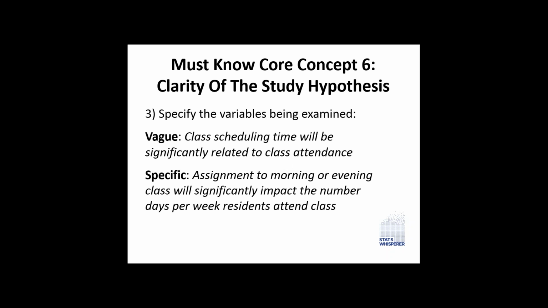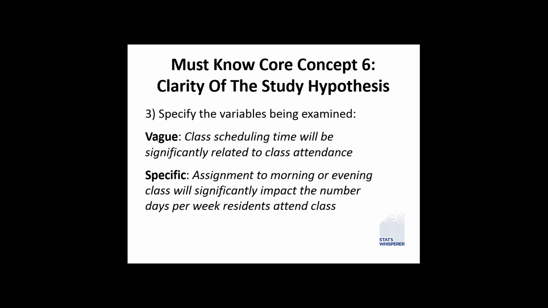And lastly, make it as specific as possible. Right, so a vague way of stating our hypothesis: class scheduling will be significantly related to class attendance. Right? So a little vague. So more specific would be: assignment to morning or evening class, right? That's class schedule, but it's more specific, right? Will significantly impact number of days per week residents attend class. So that's class attendance being measured as number of days per week.